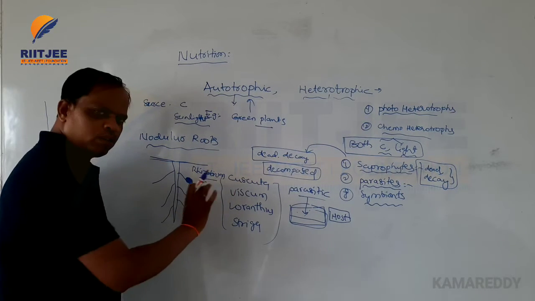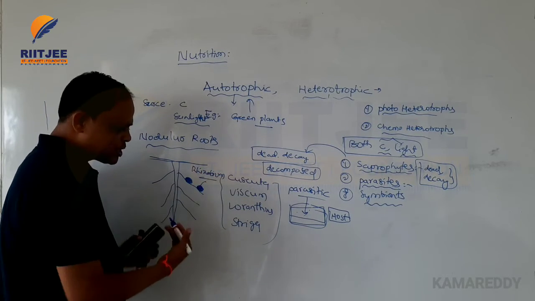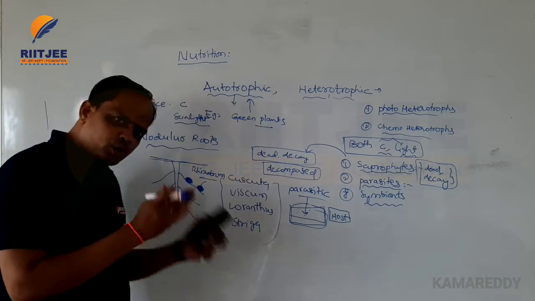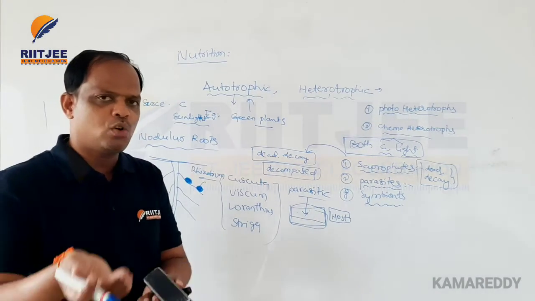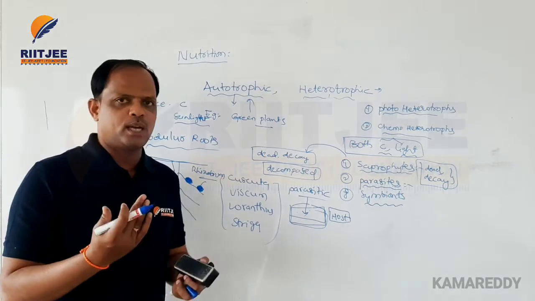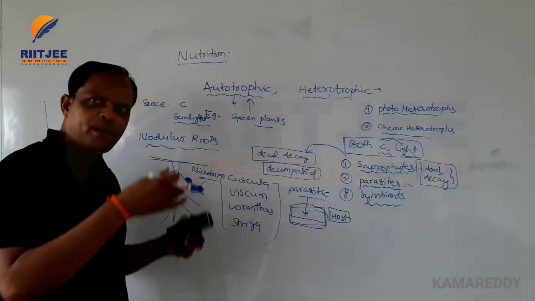Here both the root system and the bacteria are associated and live together. These are mutually beneficial. They are not harmful to each other.